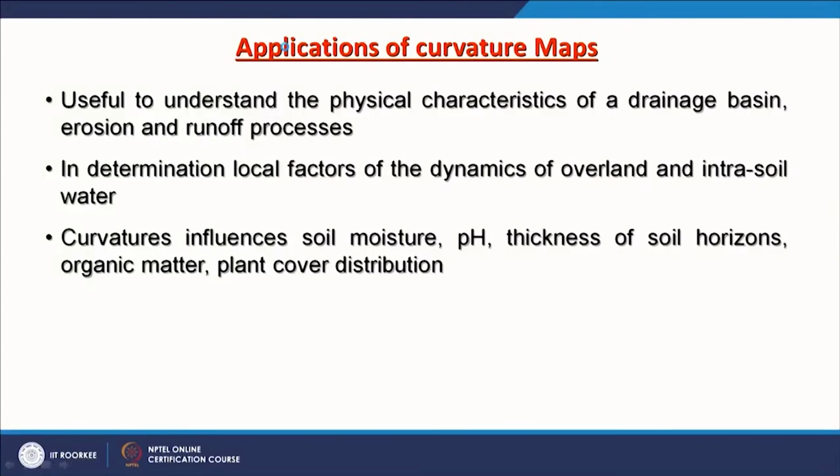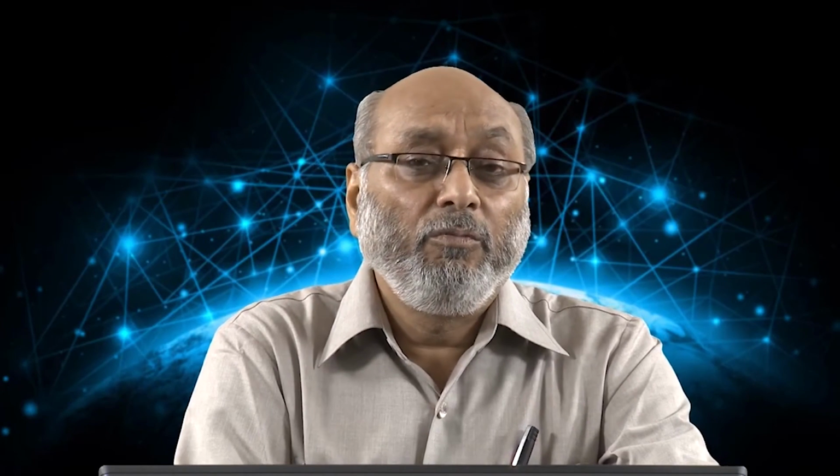Curvatures, as you know, influence soil moisture, because erosion and deposition, divergent and convergent flow will control the soil moisture conditions. They may even influence pH values of soil and thickness of the soil horizons, because if erosion is taking place there will be a less thick soil horizon, and if deposition is taking place there might be a thicker soil horizon, depending on the conditions, organic matter, plant cover distribution, etc.